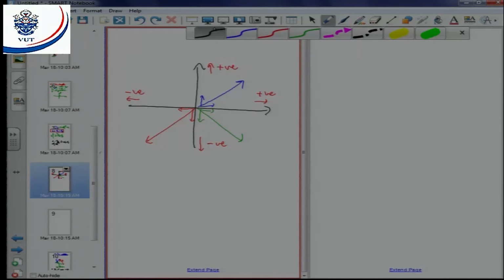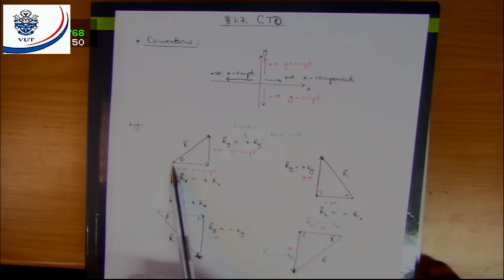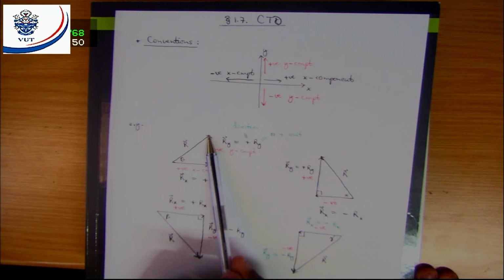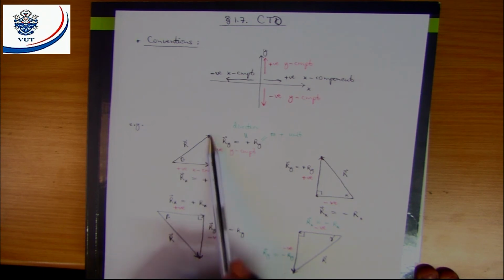And finally I can have a vector which has positive y and negative x. Okay, so those are all the four different vectors that you can have, and I've just summarized that over here. For example, if my vector is directed in that direction, you can see that my x has a positive component, my y has a positive component.